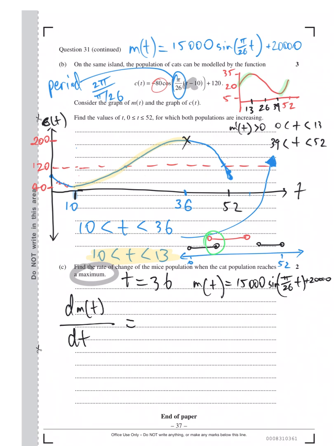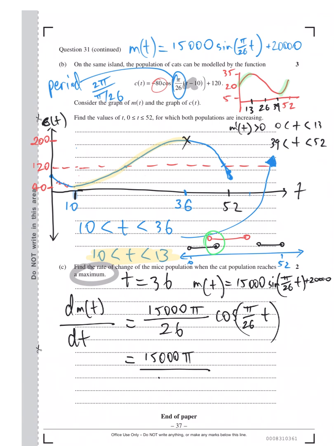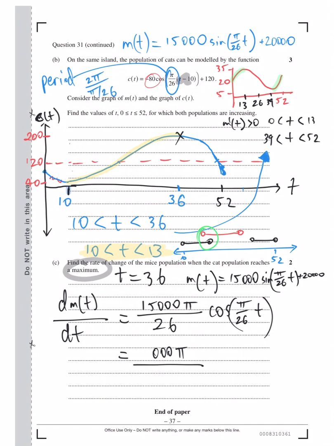Then I'm going to have 15,000 pi over 26. That's definitely going to simplify down, but I won't worry about that for now. Cosine(pi on 26 t). I'm going to substitute in 36, and what I'm going to get is 15,000 pi on 26, which can come down to 7,500 pi on 13. Doesn't simplify that much further.